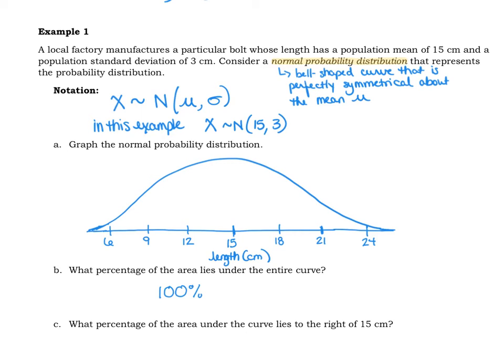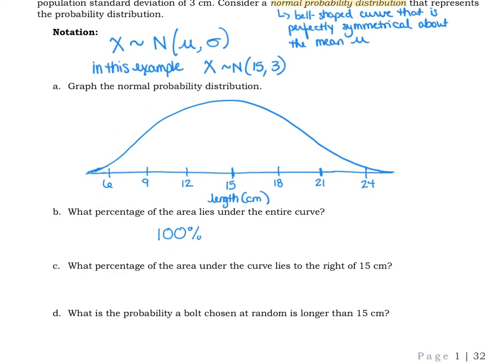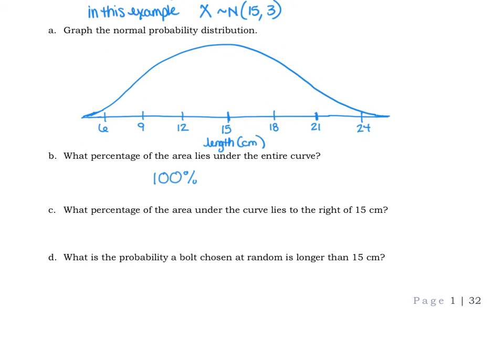The next question: what percentage of the area under the curve lies to the right of 15 centimeters? If 100% is under the curve and 15 centimeters is the mean, and we're symmetrical about that, then 15 has to be right smack dab in the center, which means that 50% of the area lies to the right.